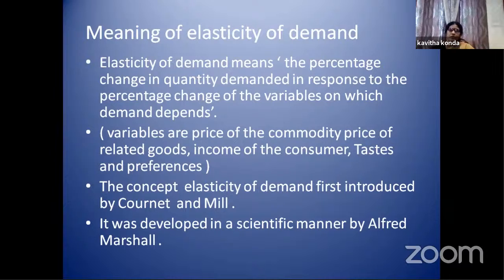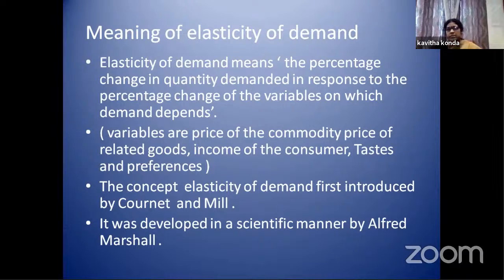Because they are the basic, compulsory goods which we use. And if you take the other goods, like comfort goods or luxury goods like refrigerators or ACs, air coolers, when the price changes, there will be a greater change in the demand. Means a small price change may bring a lot of change in the demand. So that responsiveness we'll study in elasticity of demand.